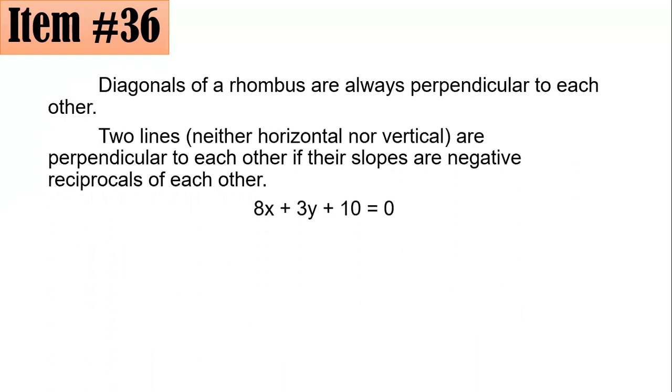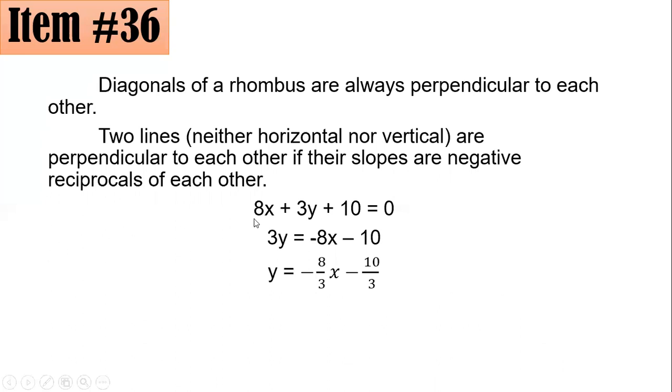So if you have 8x plus 3y equals negative 10, and if you transform this to the slope-intercept form, you will have y equals negative 8/3 x minus 10/3. So the slope here is negative 8/3.